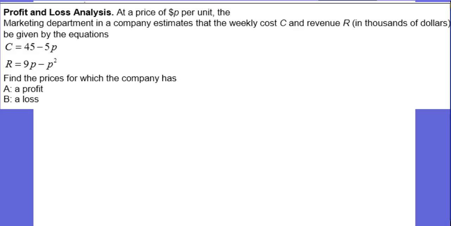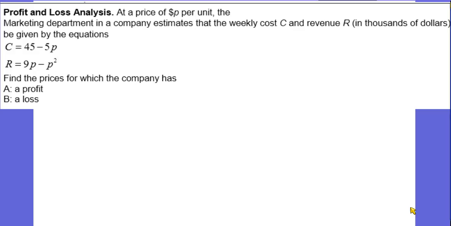Profit and loss analysis. At a price of P dollars per unit, the marketing department in a company estimates that the weekly cost, C, and the revenue, R, in thousands of dollars can be given by the equations C equals 45 minus 5P and R equals 9P minus P squared.